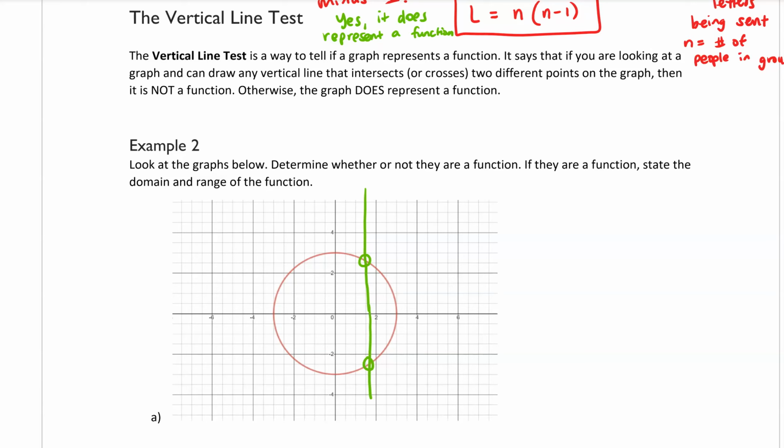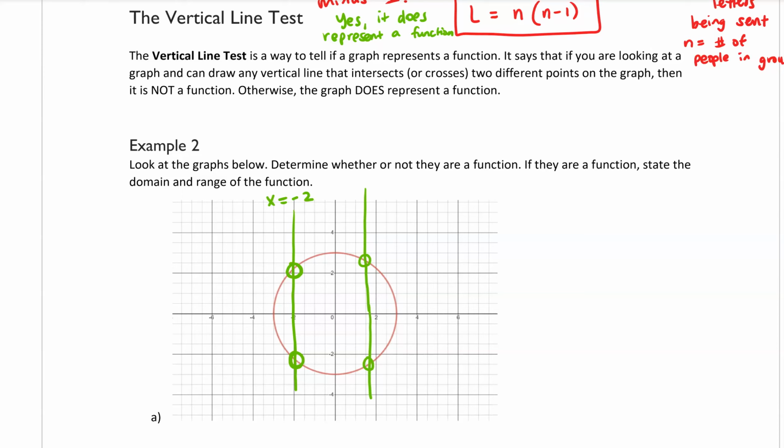So let me draw just another vertical line to represent this. I've drawn the vertical line x equals -2, and notice that it is hitting the graph at two different locations. If I went back to the vending machine analogy, what that would look like is if I pushed -2 on the vending machine, notice that I'm getting two different outputs or two different snacks from my vending machine.